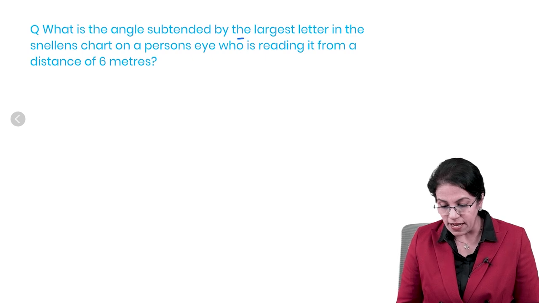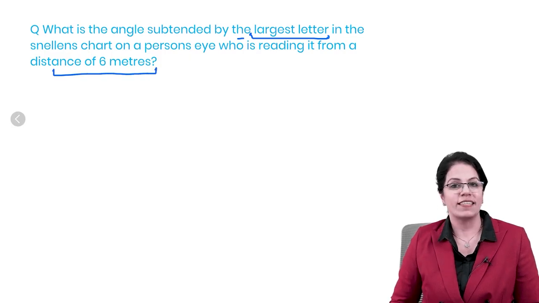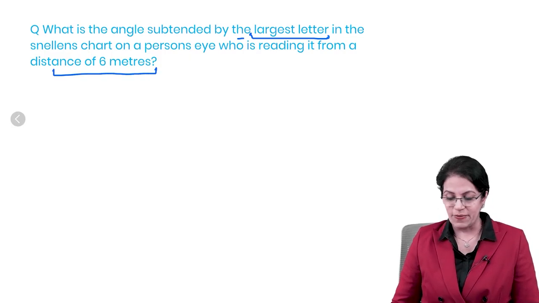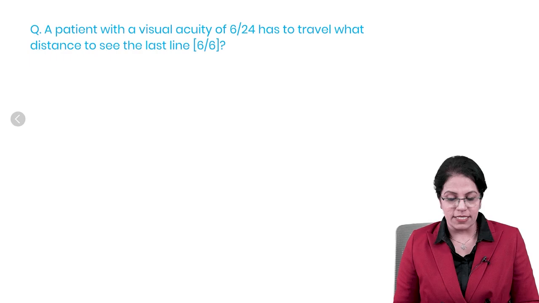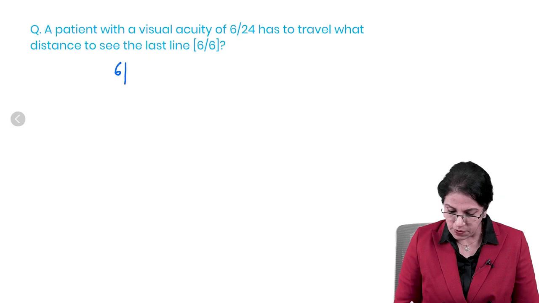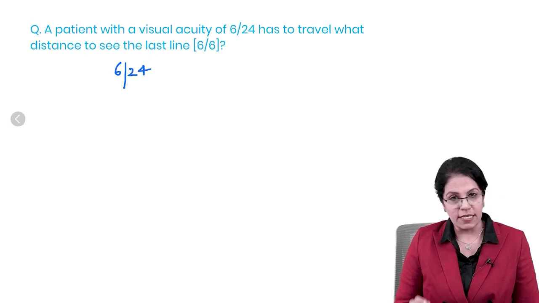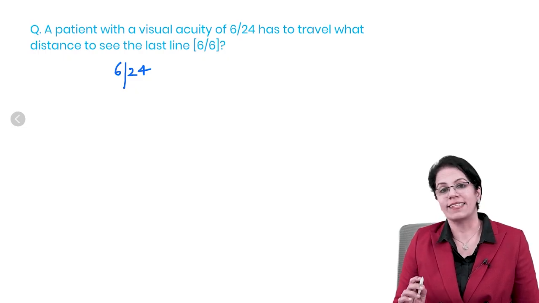Angle subtended by the largest letter from the distance of 6 meters. Now, I think after my discussion, you are clear with this one. Coming to this question, he is saying that the acuity of the patient is 6/24. That means he is sitting at 6 meters. The question is how much he has to travel so that he can read the last line.